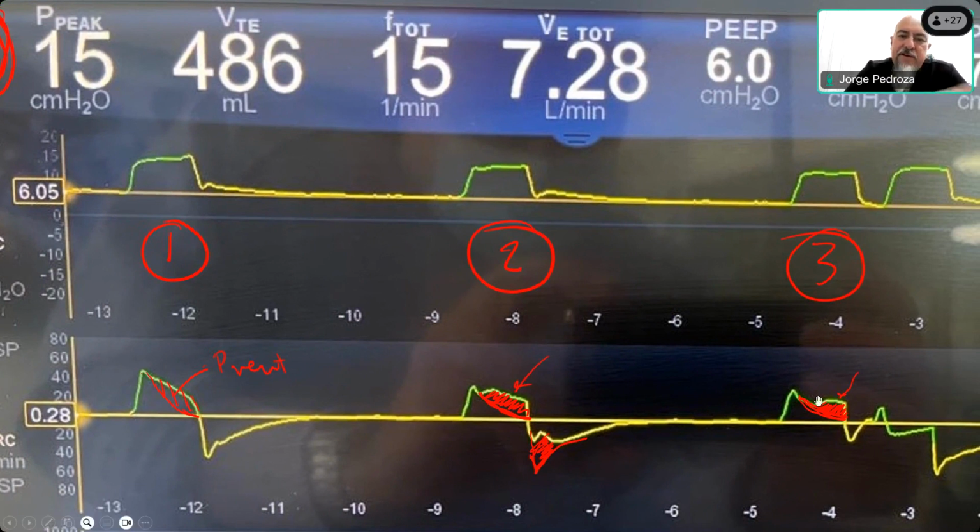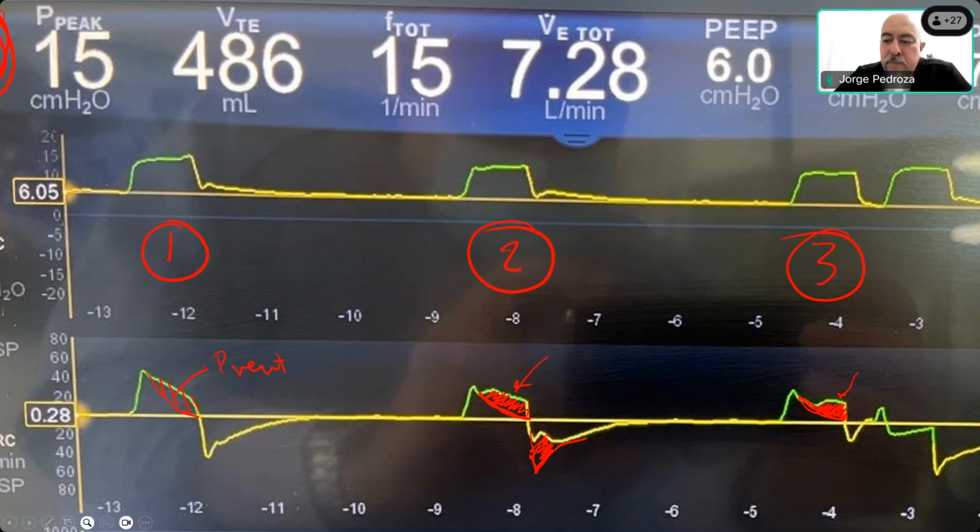What you're telling us is the machine was reading breaths 1, 2, and 3 with a C, which would tell us that these were triggered by the machine, which is the one that knows the truth, not by the patient, correct?